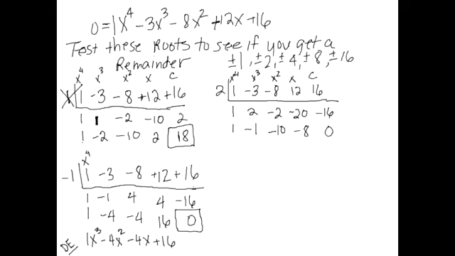Add down. So I have another depressed equation because I ended up with a remainder of 0. That means that 2 is also a root. So far I have negative 1 was a root, and I have 2 was a root.